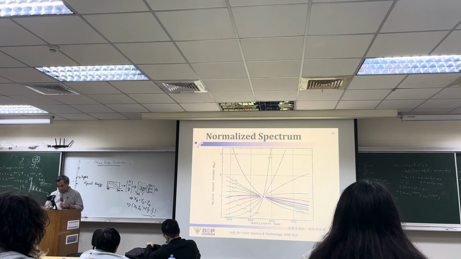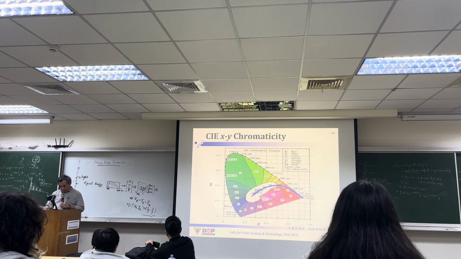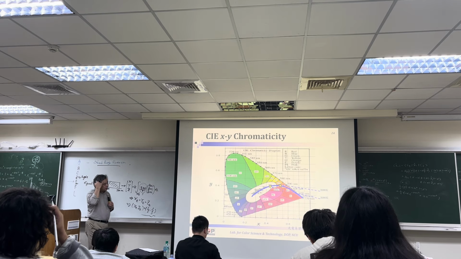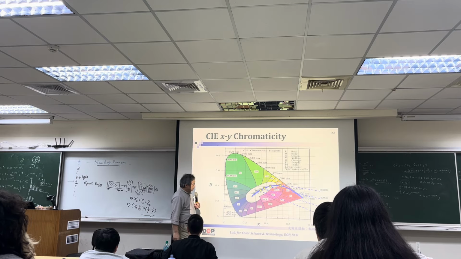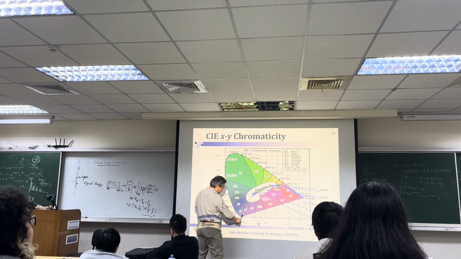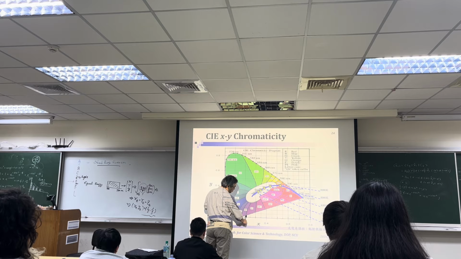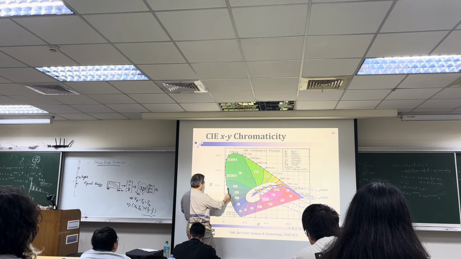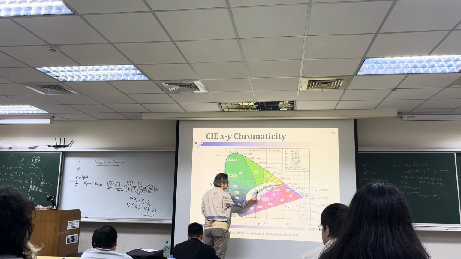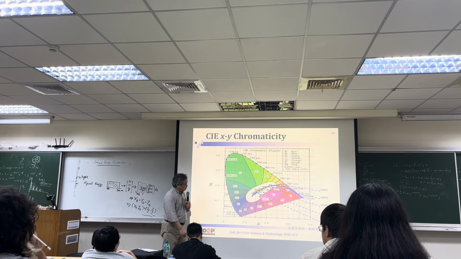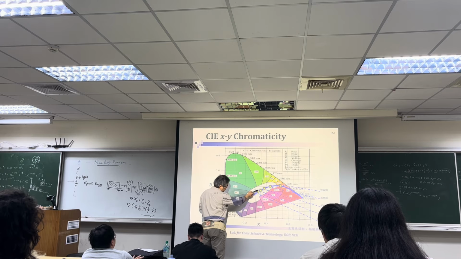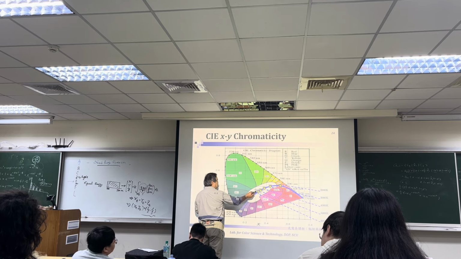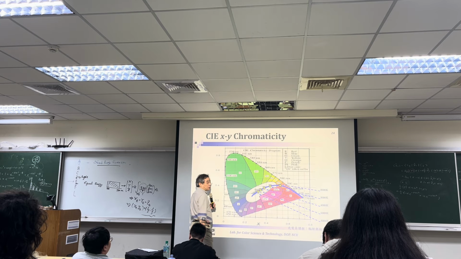Okay, let me see. So for the chromaticity diagram, we will see 1/3, 1/3 is about this one. So actually, the equal energy, the corresponding chromaticity, is located at the center of this diagram.